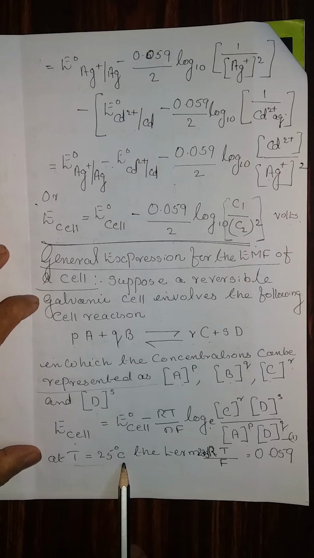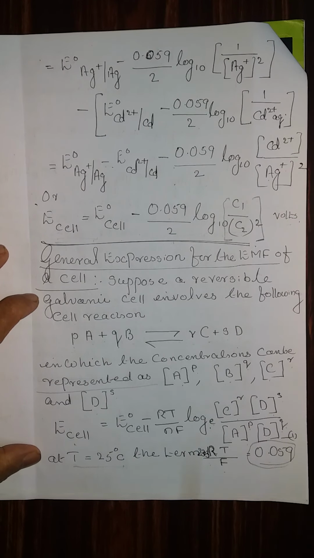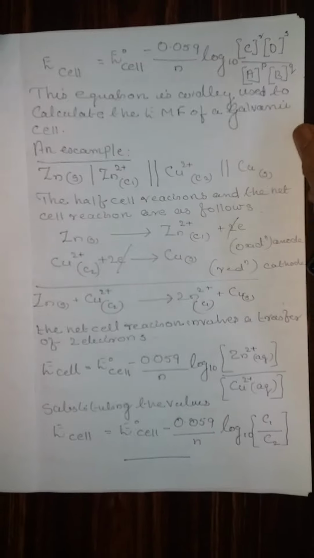At T equal to 25 degrees centigrade, instead of log to the base e, converting to log to the base 10, you put the value of 2.303 RT by F and you get the value of 0.059, which you already determined earlier.